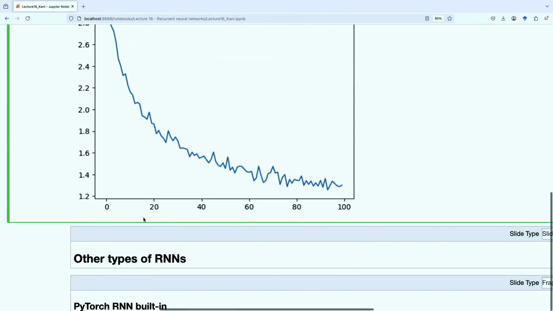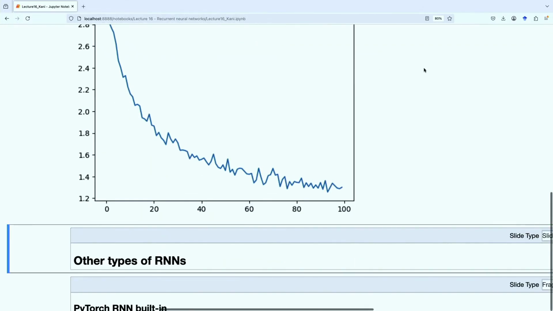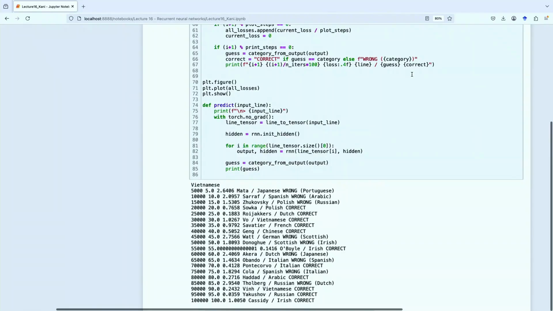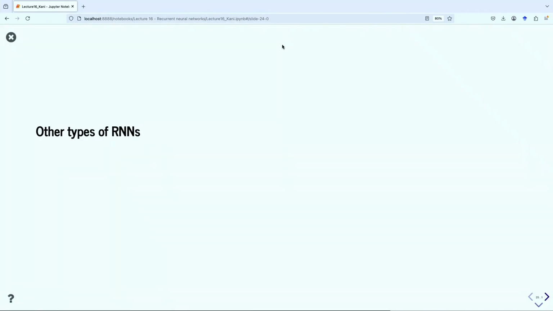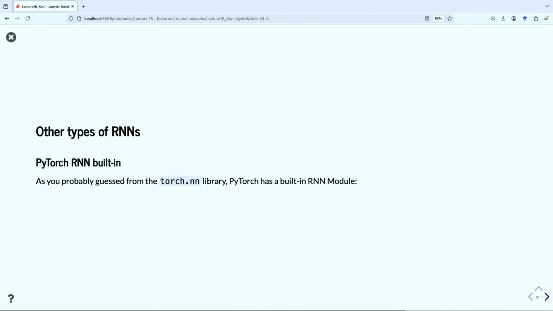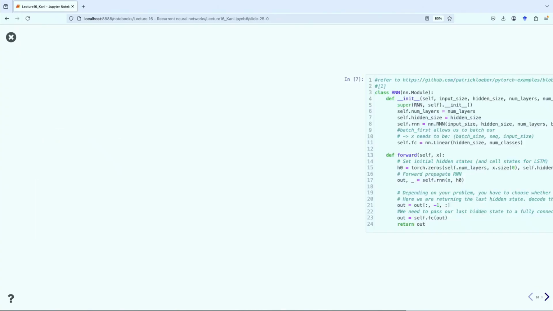Okay, so then there are other types of recurrent neural networks that we could go through. But before we do, just remember that PyTorch, like most things, has a built-in library for recurrent neural networks.